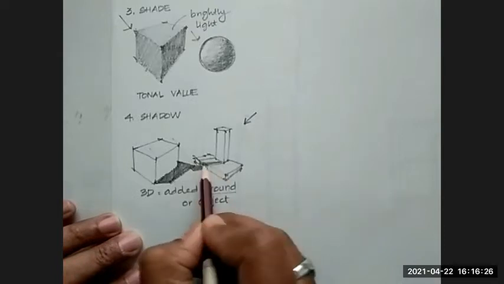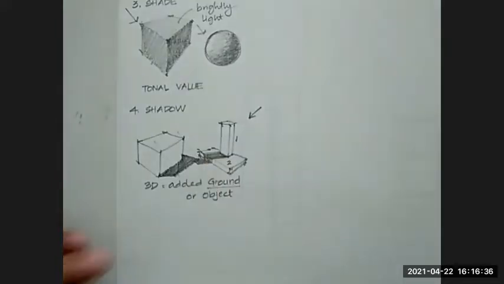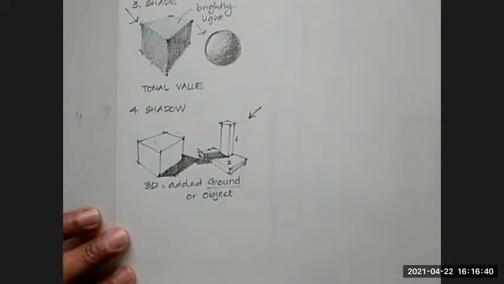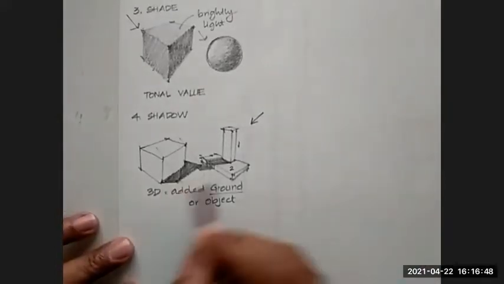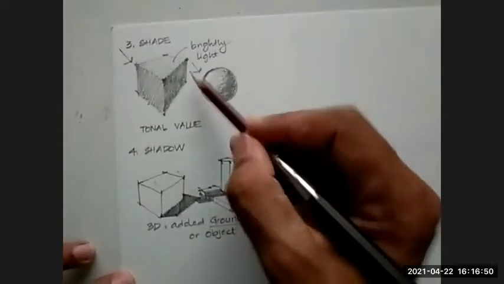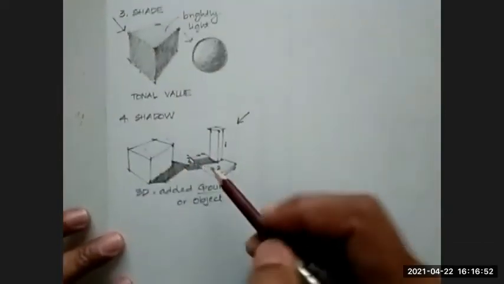So the object 1 casts the shadow on object 2 and also will cast. So this is the difference, instant effect of shadow. So you may have sketches which have line drawings and you have only shadows. We can combine all of these two together in the same thing.